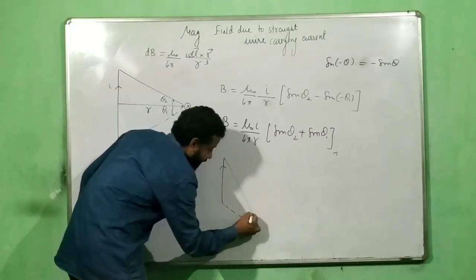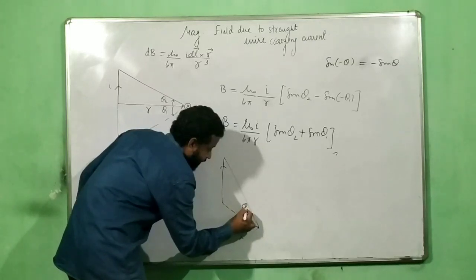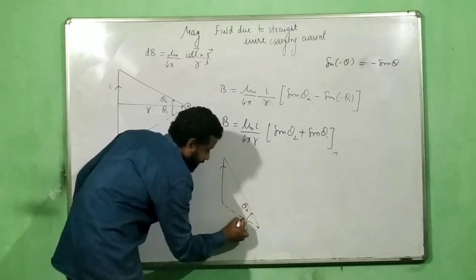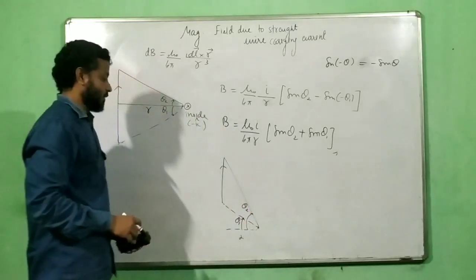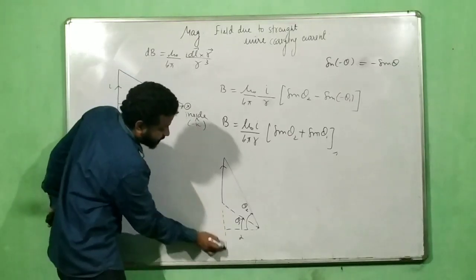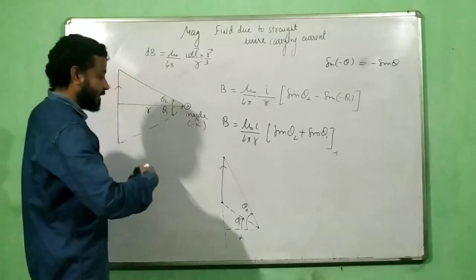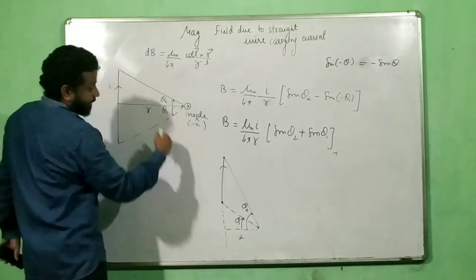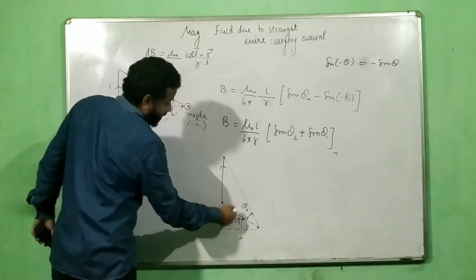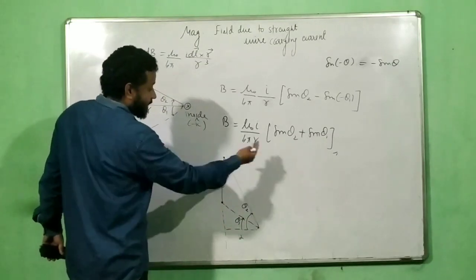So this makes an angle of theta 2 and this makes an angle of theta 1. If I extrapolate this one over here downward, so the wire is from here to here only, and in that case the top end makes an angle of theta 2 and the bottom end makes an angle of theta 1. So both the angles are positive.